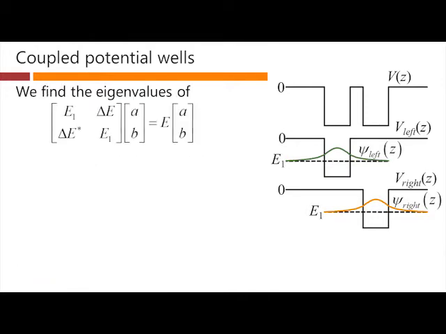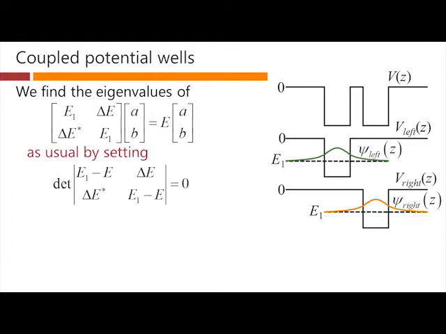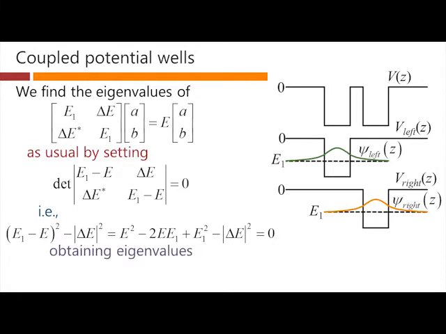Well, we find the eigenvalues of this equation fairly straightforwardly by setting the determinant of this matrix to 0, which is a standard technique. And that is this quadratic equation in this case here has to be equal to 0.